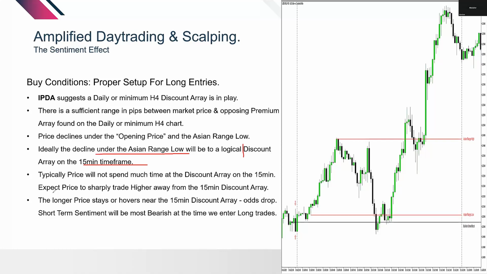Expect price to sharply trade higher away from that discount array, during London Open. The longer price stays or hovers near that array, the odds are going to drop for a trade. Short-term sentiment will be most bearish at the time we enter long trades.